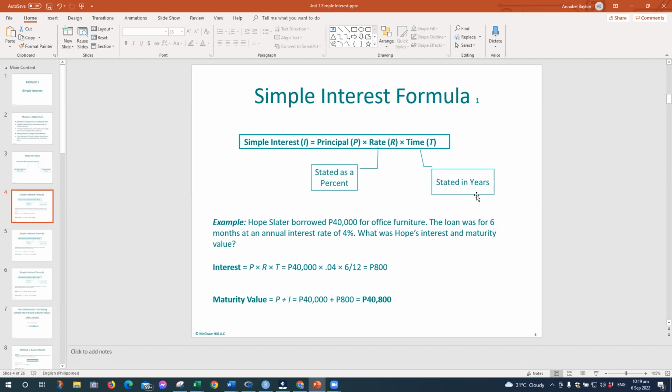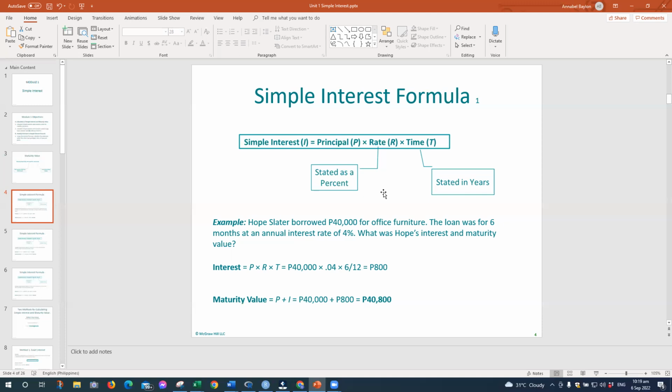It can be given in months or weeks or half years, but it has to be converted into years, because the rate is usually given as an annual rate, therefore the time should also be expressed annually. So there should be one-to-one correspondence.